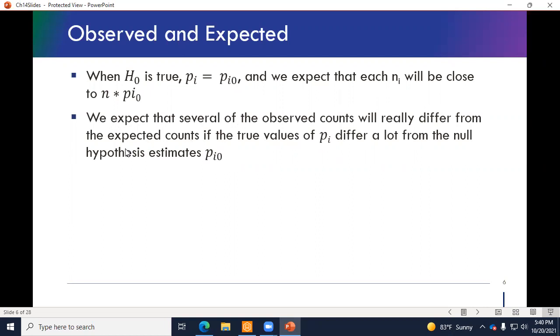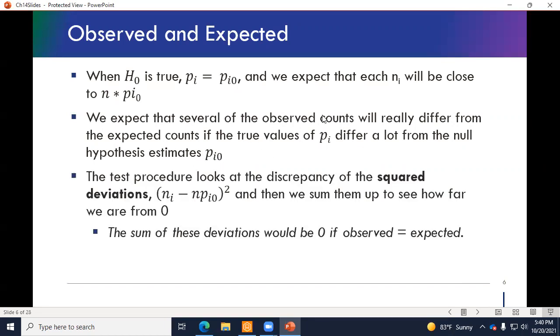So we expect that several of the observed counts will really differ from the expected counts if the true value of pi differs a lot from the null hypothesis value pi star. So we're comparing these two by looking at their squared deviations.